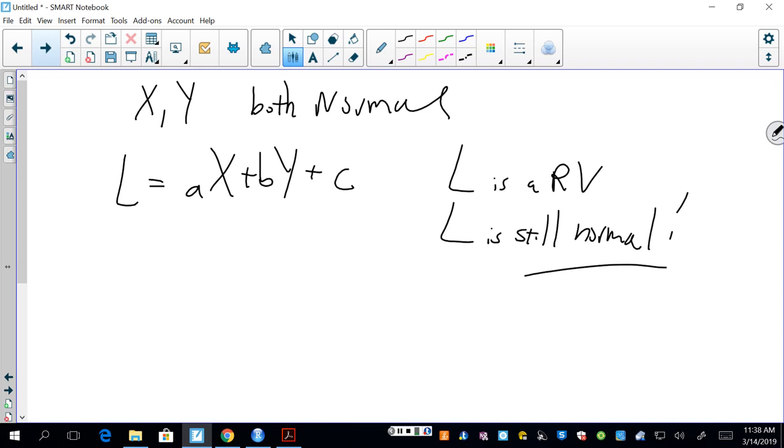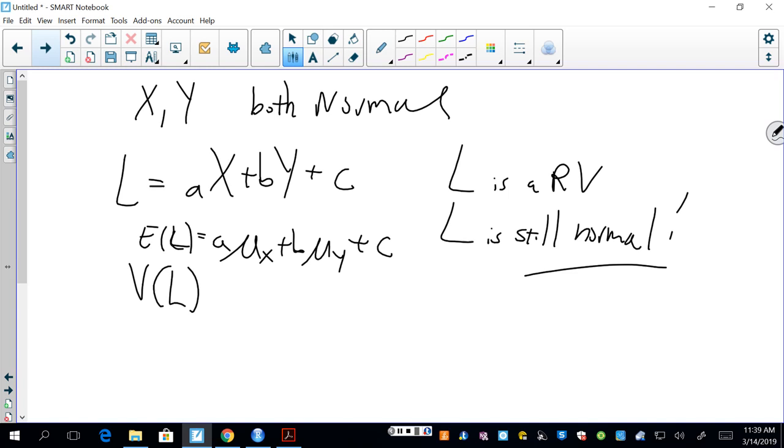So you figure out the expectation of L: it is a times the average of x plus b times the average of y plus c. The variance of L: well, there's a squared times the variance of x, plus b squared times sigma y squared.